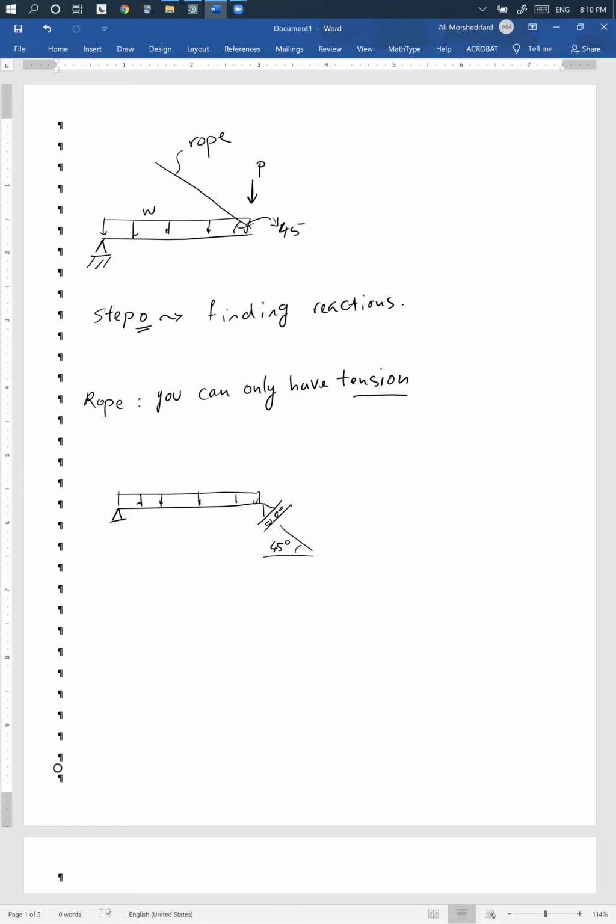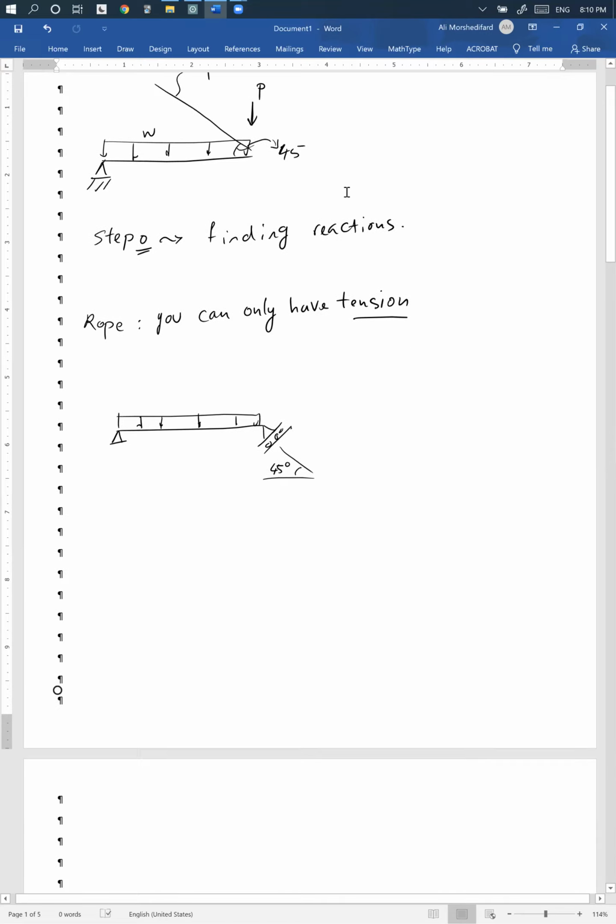Let me see. Okay. So this is exactly the same as the rope problem. The solution procedure is the same. What is different is that when you find this force, if I call this R, if you find that this force is in this direction, this means that if it was a rope, it would be in tension.